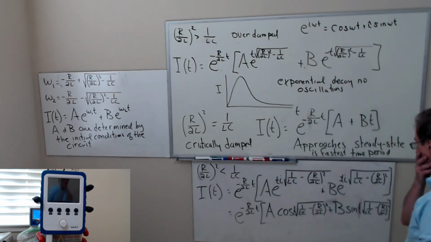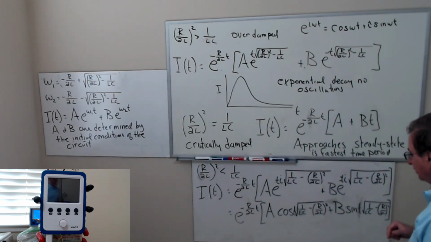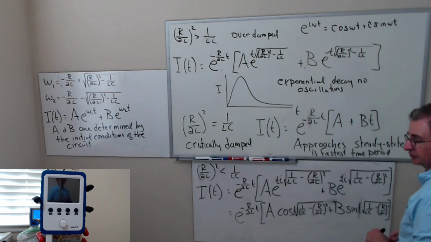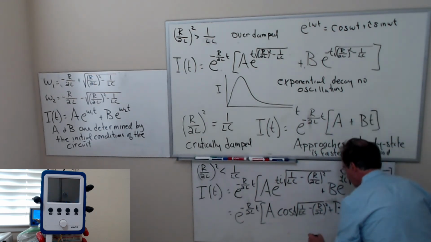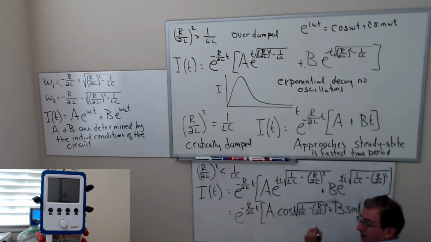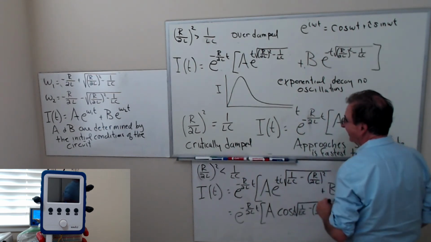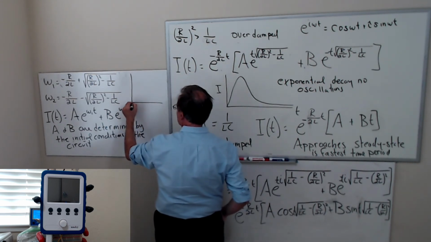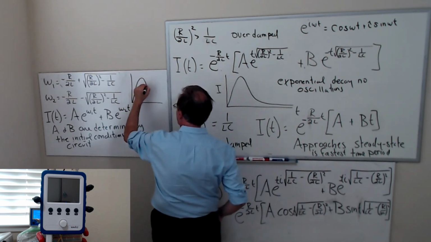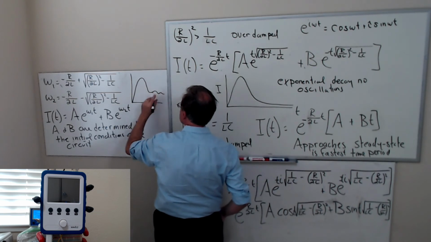So, what does that represent? What's the current do as a function of time? It's too far down. I'll draw it here. Builds up, and then slowly decays to 0.